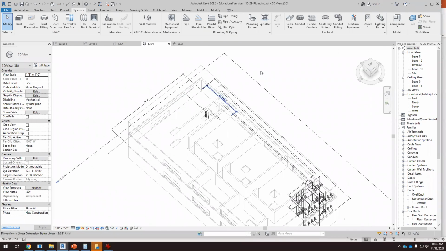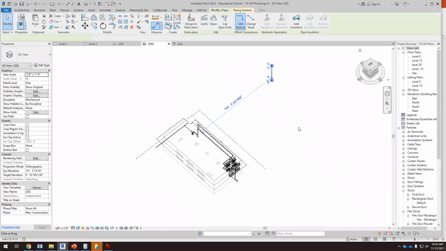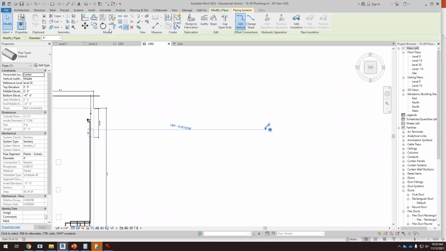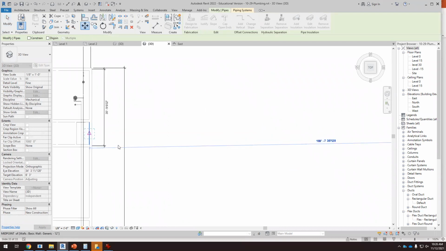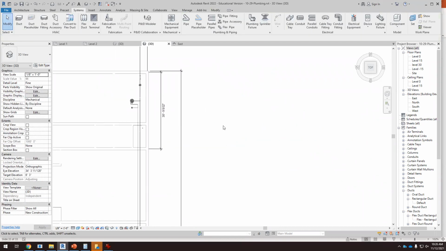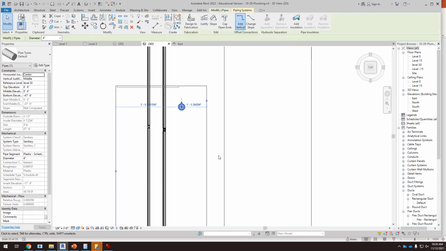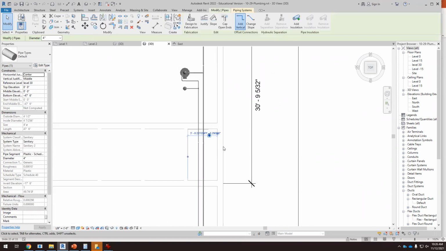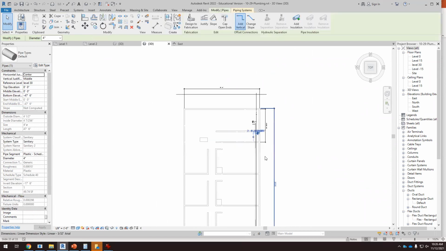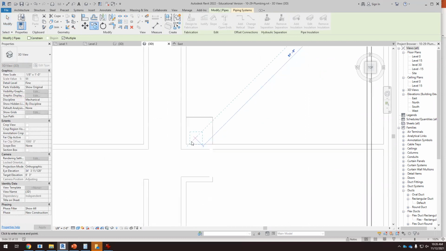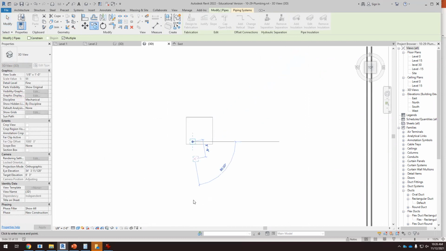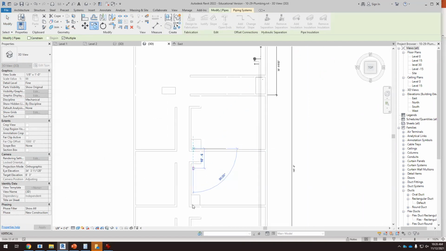Okay, so make sure that in the plan, this is the first one. The second one, I can copy this. It has to be here. The third one can be here.